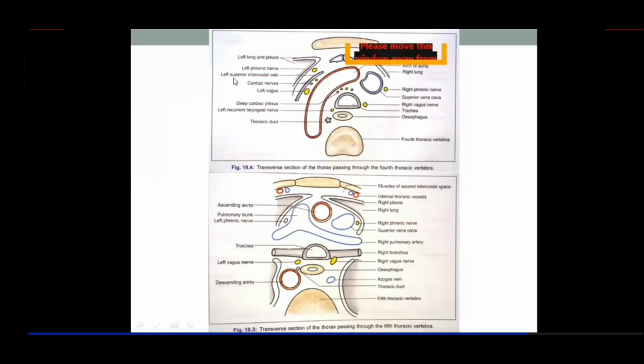Among the choices in your question, this is the left recurrent laryngeal nerve. There was the superficial cardiac plexus, in front of the trachea. This is the deep cardiac plexus at the carina, and the deep cardiac nerves form the superficial cardiac plexus here.